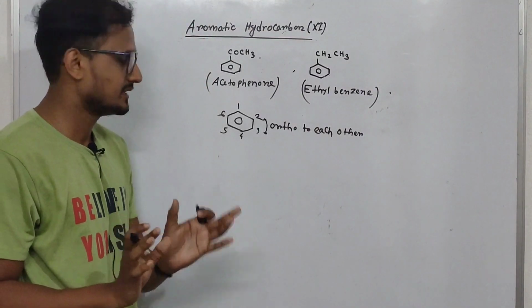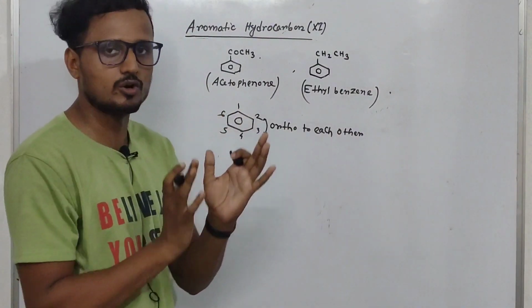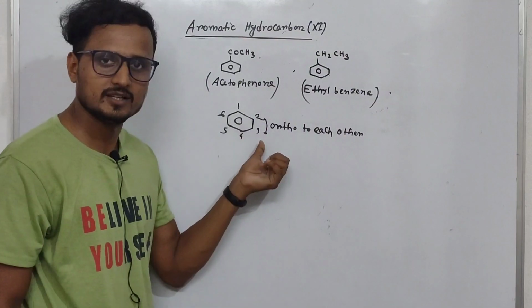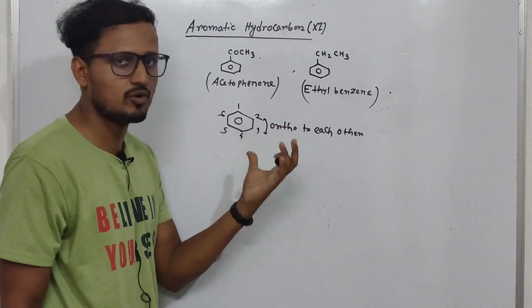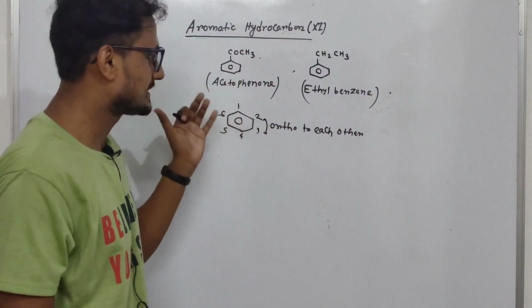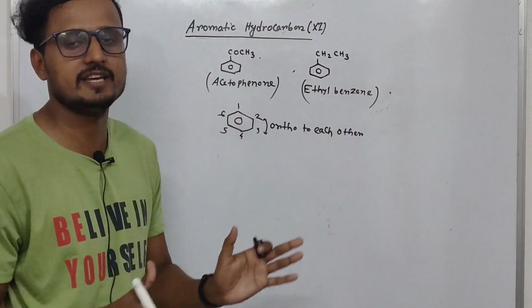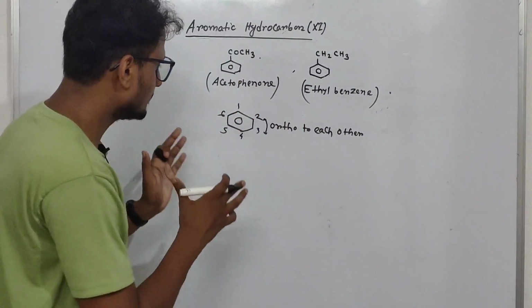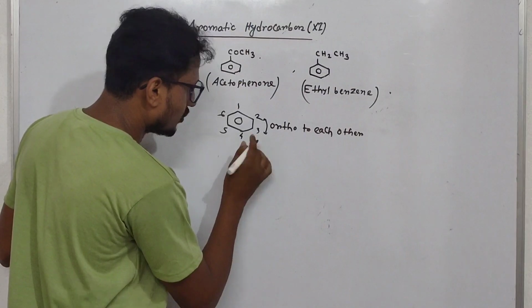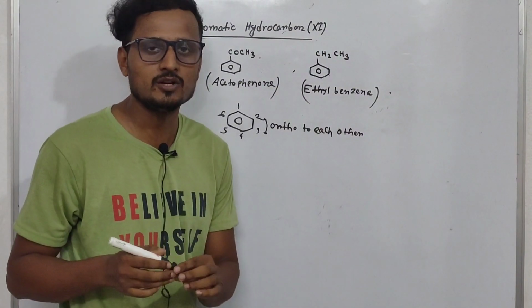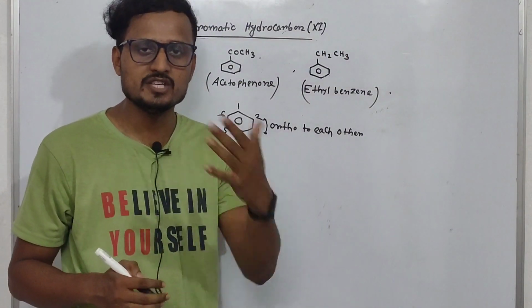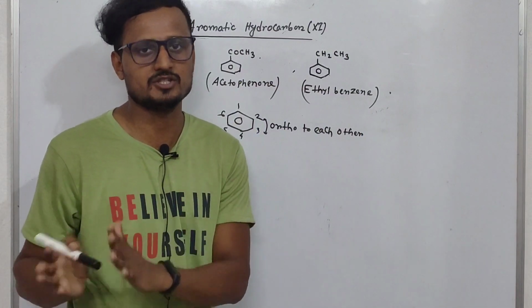Suppose 1, 2 are ortho to each other, 2, 3 ortho, 3, 4 also ortho, and 4, 5 and 6, 1 again are ortho to each other. Now understood? So the groups which are neighbors are said to be in ortho positions.